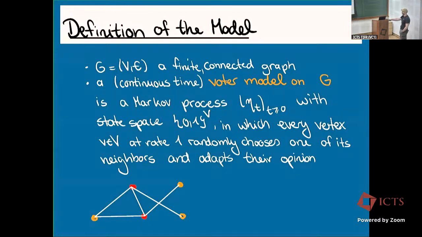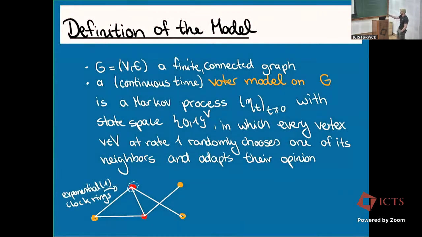0, 1, okay, red, yellow, however you want to interpret it. And at rate 1, every vertex v chooses to adopt the opinion of one of its neighbors. So very classical voter model, static graphs, no change of edges, nothing. This is the very basic model, right?